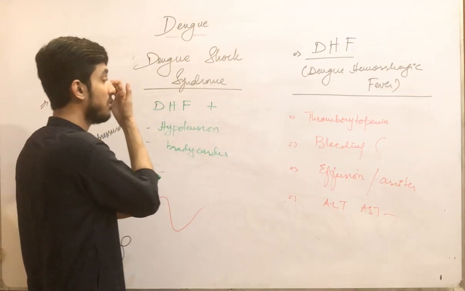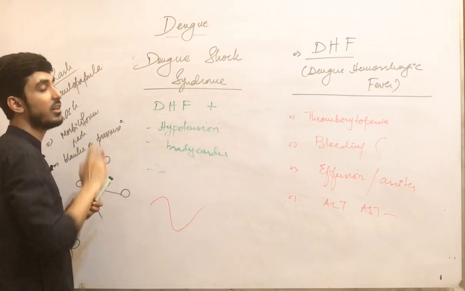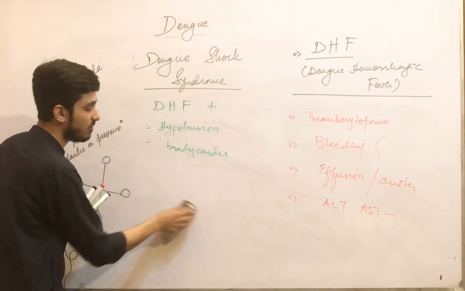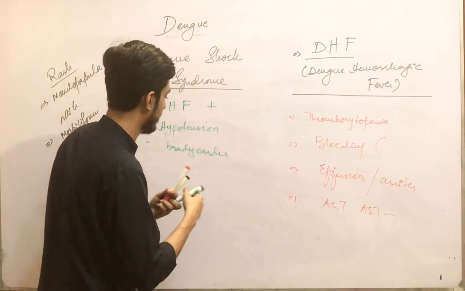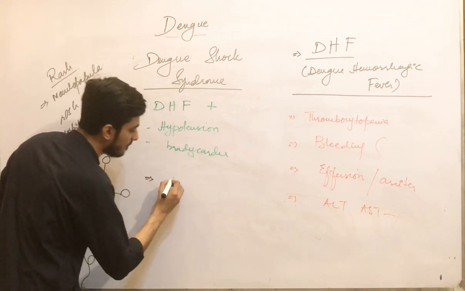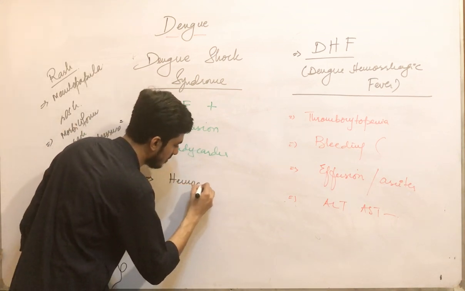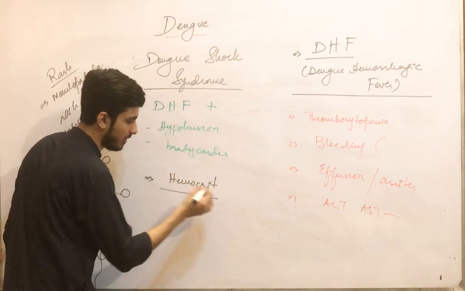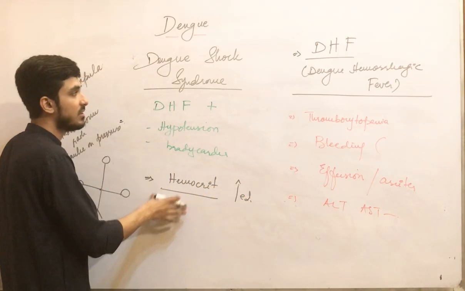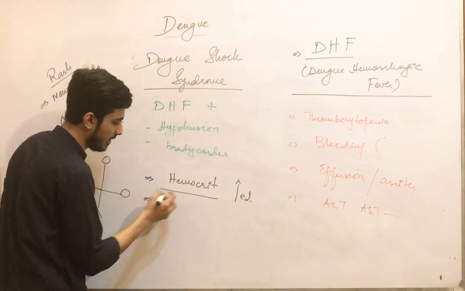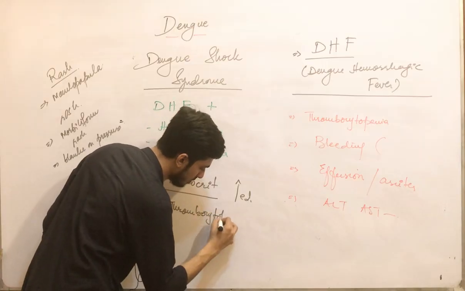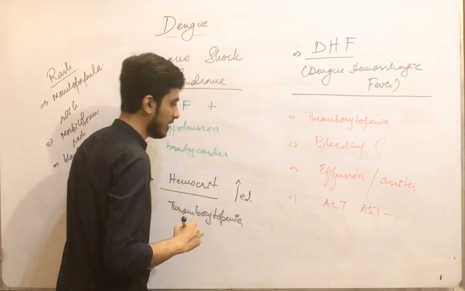Now, on the basis of the lab investigation, how you will differentiate the dengue shock syndrome and the dengue hemorrhagic fever, this is a very important point. In CBC, if the hematocrit is increased, it means that this is dengue shock syndrome. Increased hematocrit with obviously thrombocytopenia. Clear?